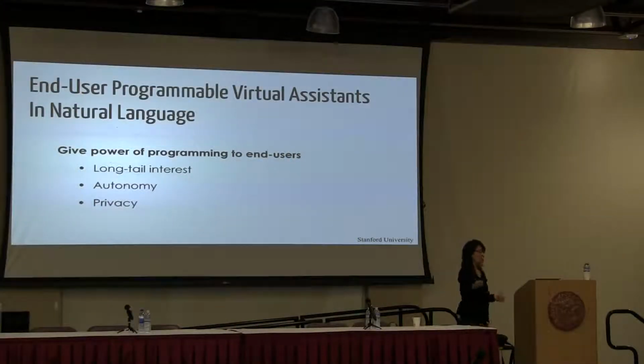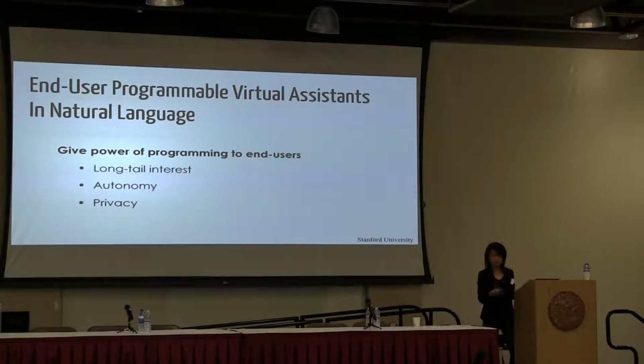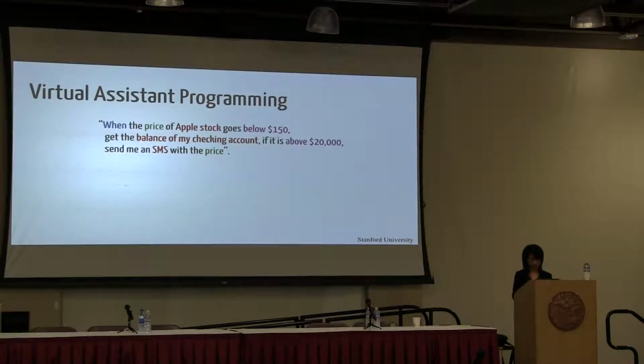And by making all this available to individuals, they can do things with their virtual assistant in a way that is private. Not everybody has to be treated the same and served by the same piece of code. So that's the beauty and the importance of end-user programming.